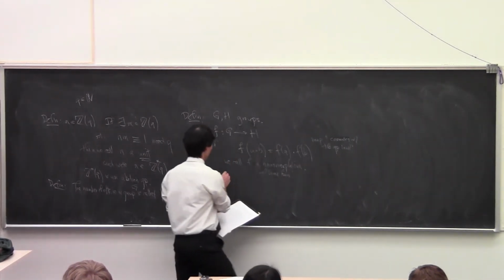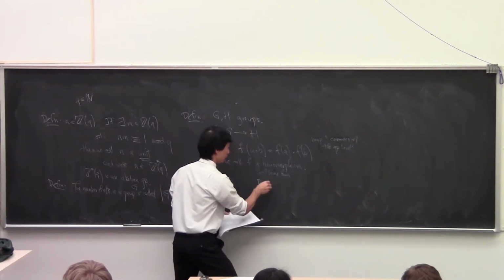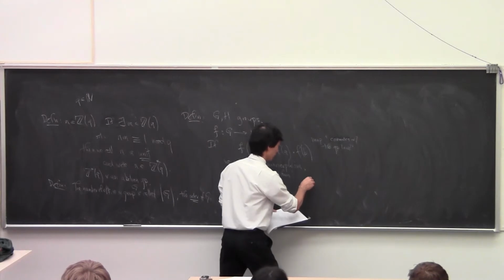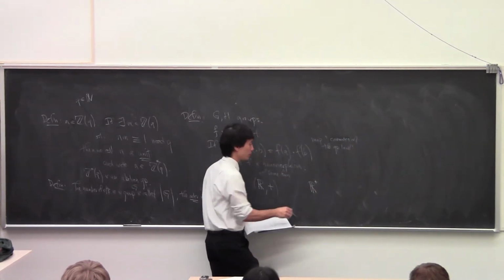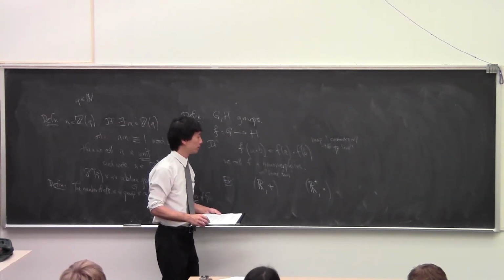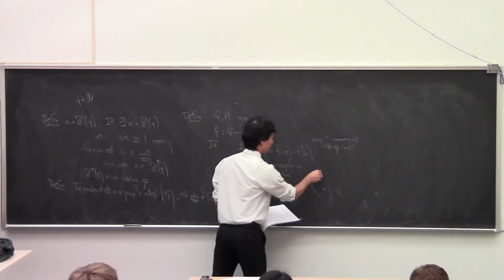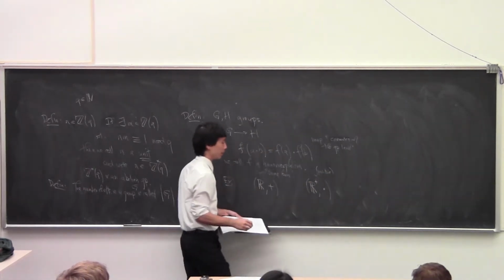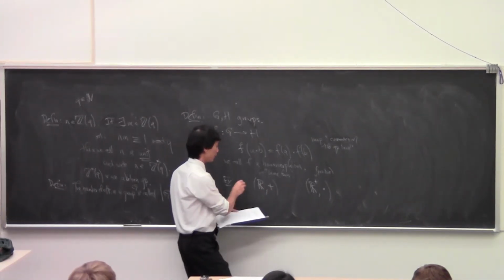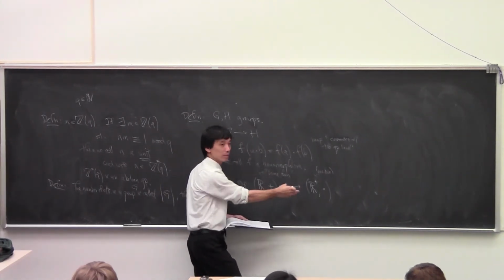So for example, if we look at R with addition, that's a group. And we look at R plus, the positive reals with multiplication, that's a group. And we look at the exponential function, a map that goes from the reals to the positive reals.